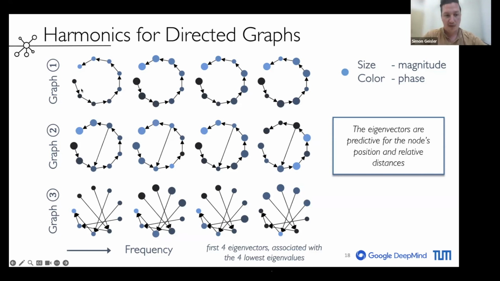I mean, for simple graphs where you don't have any cycles, it's not exactly precise, but I think no, it doesn't really work. For sequences and trees, as we see here, the phase is basically encoding the directionality, and the magnitude of those eigenvectors is representing the graph structure.